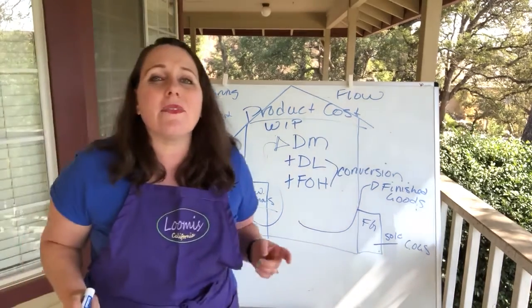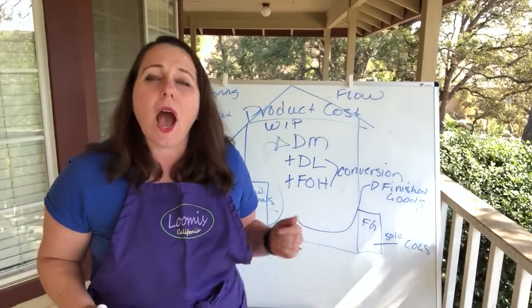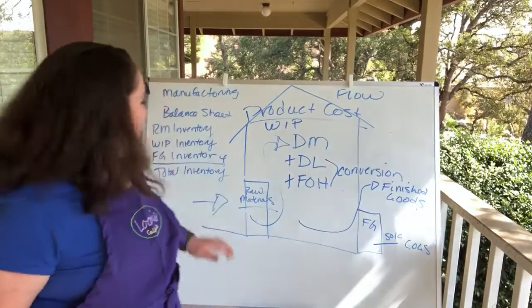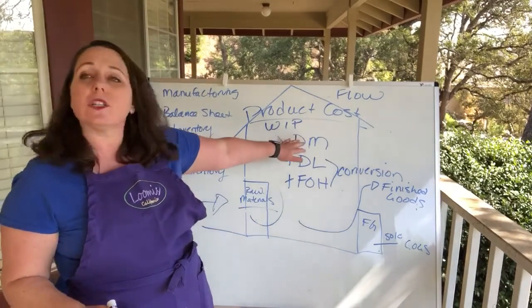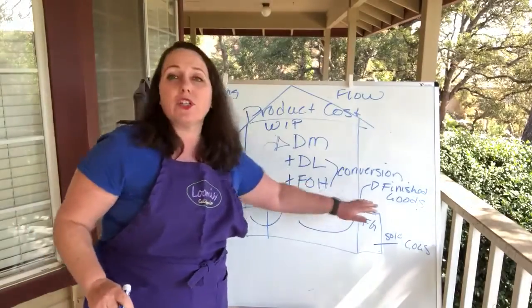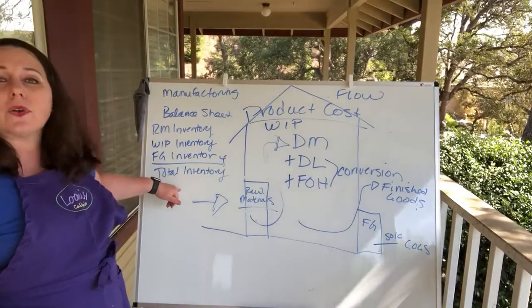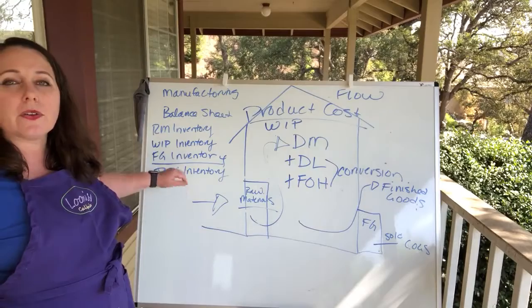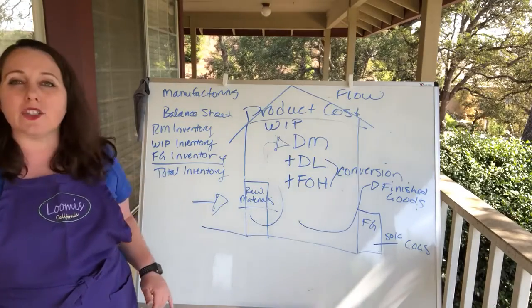So at the end of the period, our raw materials ending inventory, plus our WIP ending inventory, plus our finished goods ending inventory is going to be the total inventory. We'll add those together, and that's the total inventory that we're going to put on our balance sheet.